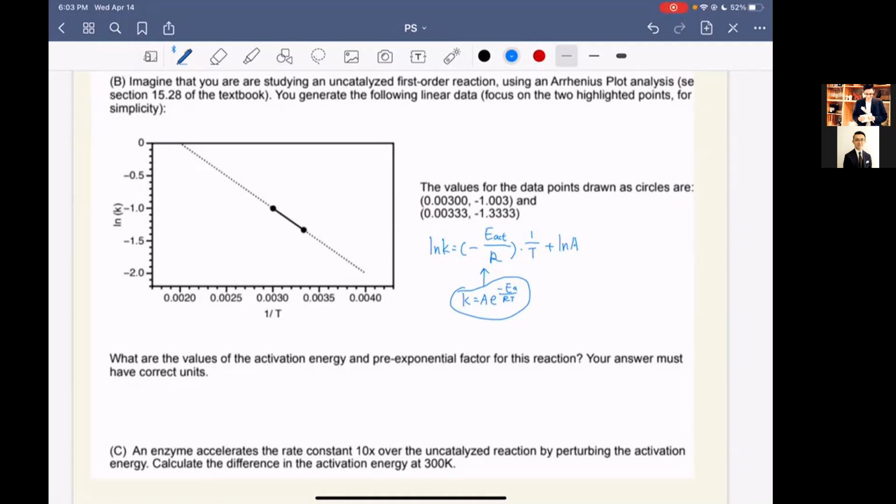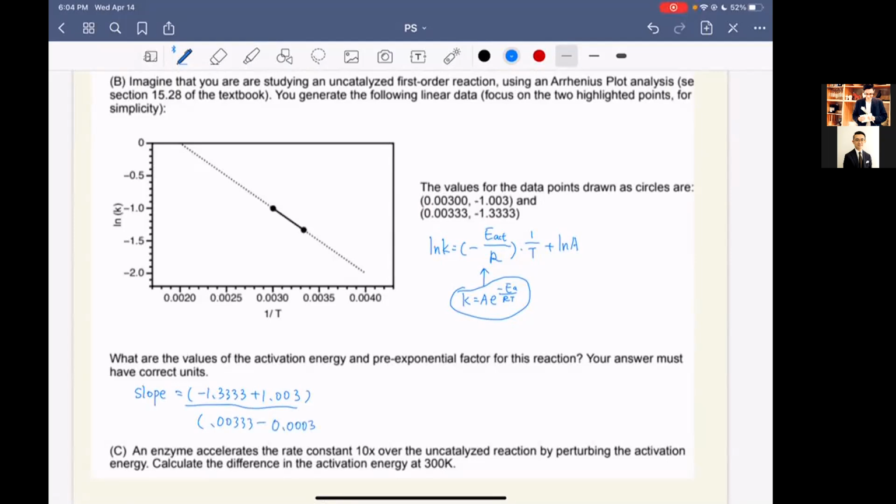To calculate the activation energy, we just need the slope. You can calculate the slope from these 2 data points: 1.003 divided by 0.00333 minus negative 0.003.